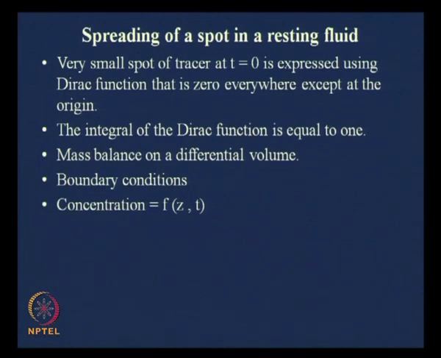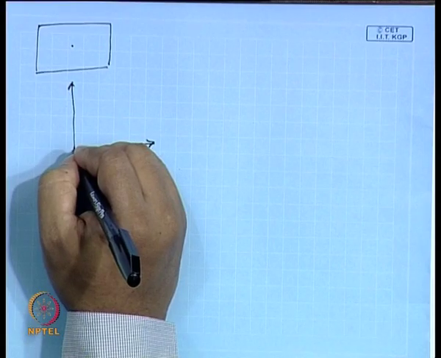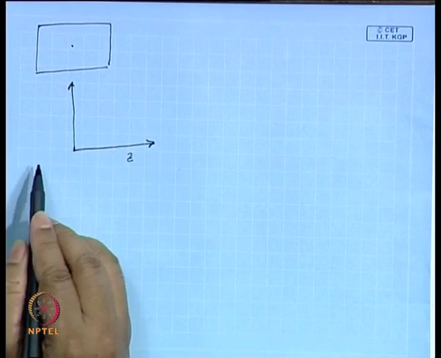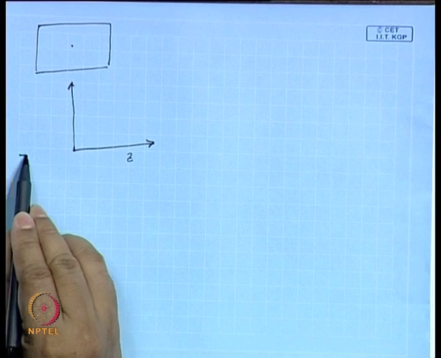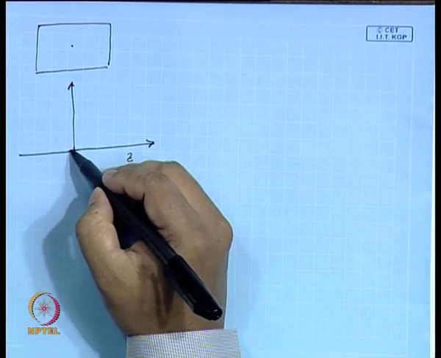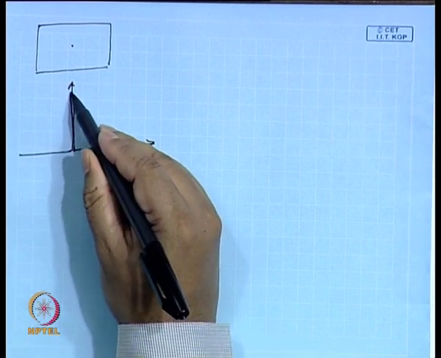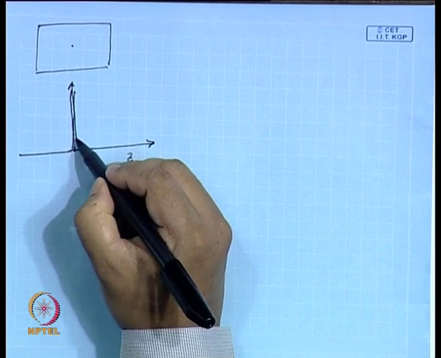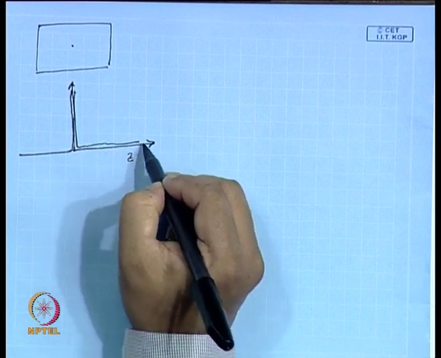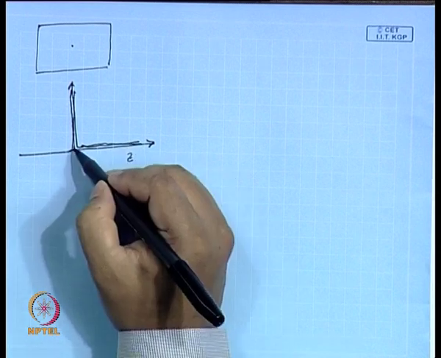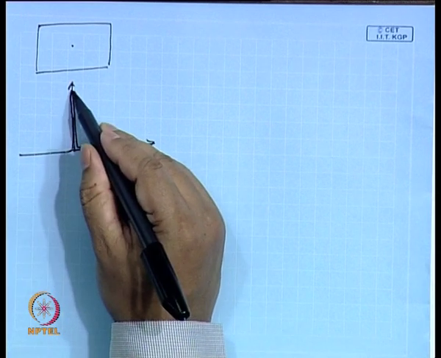The Dirac function is 0 everywhere except at the origin. So, origin is this point. So, to start with, you have a profile which looks like this. It is 0 everywhere except at the origin.